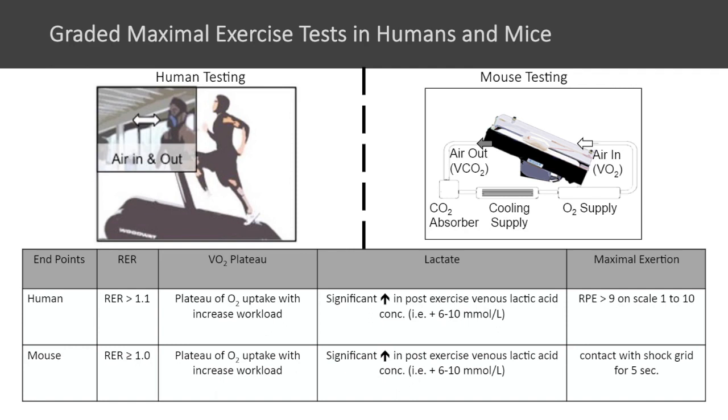And also, we're having maximal exertion, whether it be a reported RPE from a human on the RPE or Borg scale, and then with the mice, continuous contact with a shock grid for greater than 5 seconds. Not as friendly as how do you feel, but still effective.